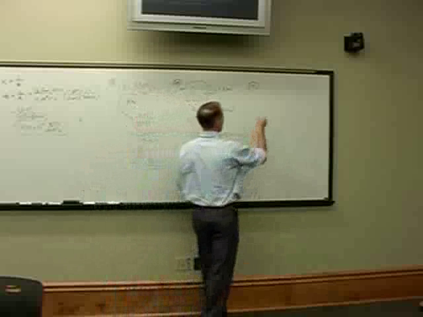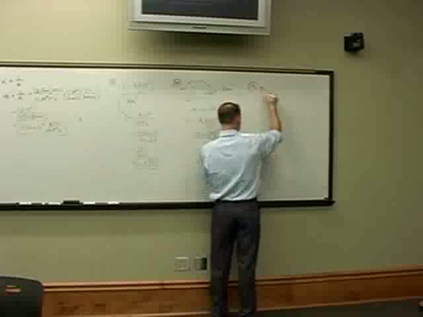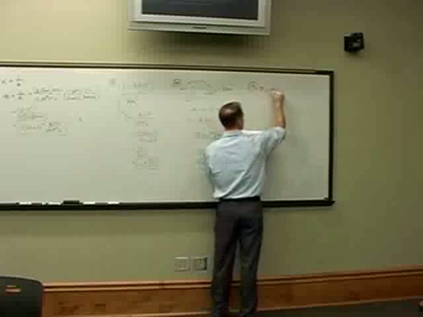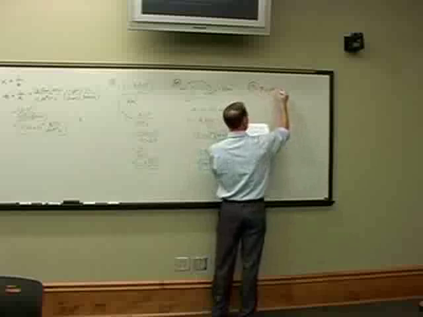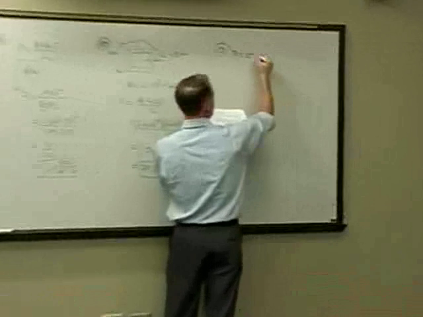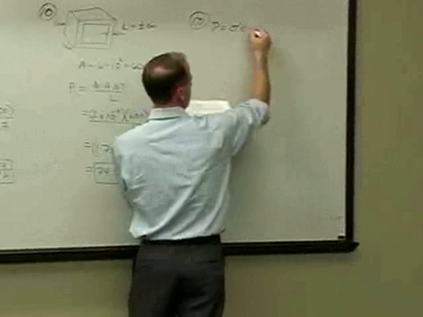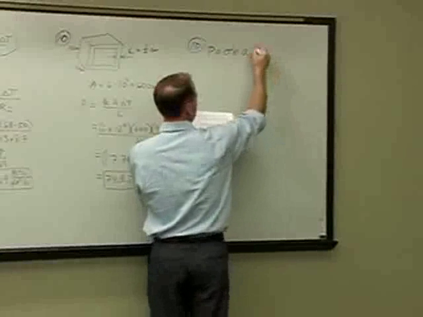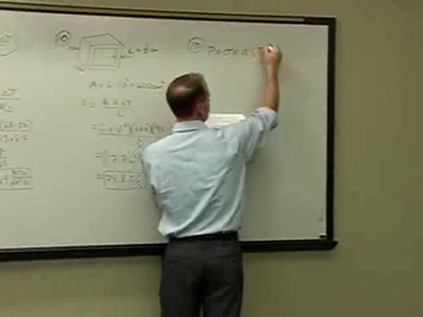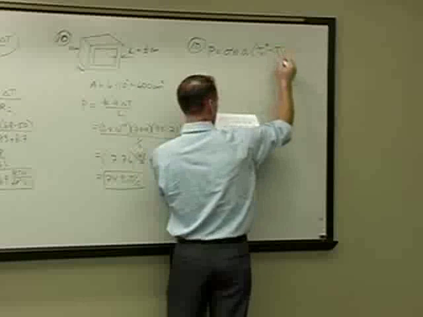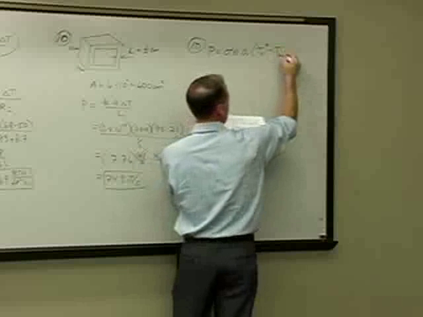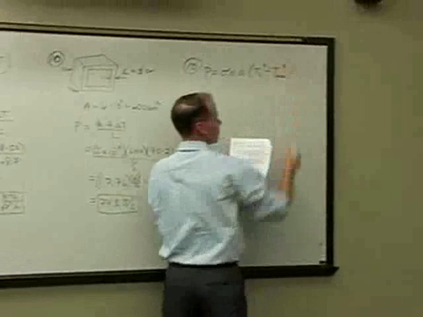So we write that as the power is equal to sigma, the Stefan-Boltzmann constant, times the emissivity times the area times the temperature of the child to the 4th power minus the temperature of the area surrounding to the 4th power.